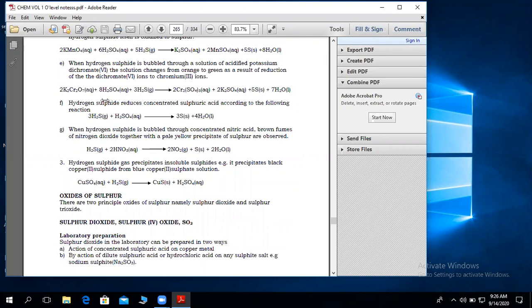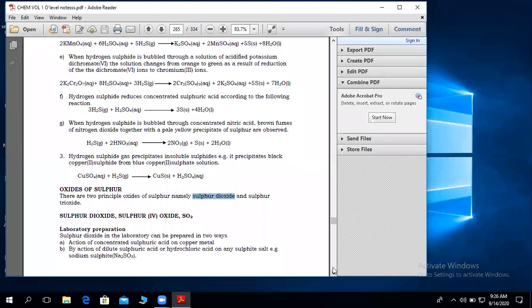So I'm now taking you to oxides of sulfur, and we begin with the most common oxides of sulfur, and there are two. There are sulfur dioxide and sulfur trioxide. How are these oxides formed? They are formed by reacting oxygen and sulfur.